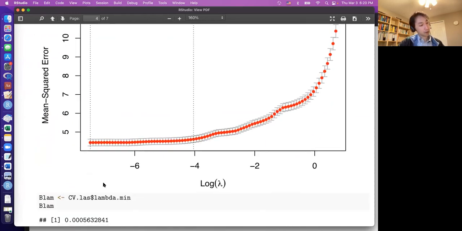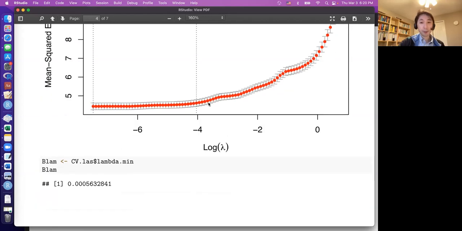It depends on how you run, but it is about minus 7, sometimes around minus 6, maybe minus 6 to minus 8. Before taking the logarithm, you can write $lambda.min to get the minimum one, about 0.00056 here.